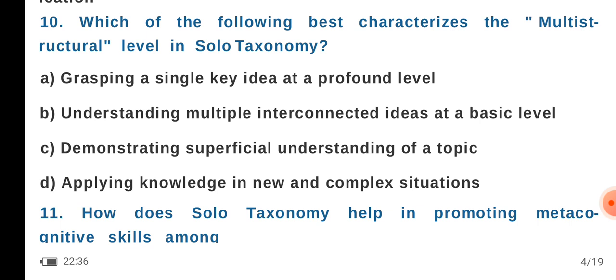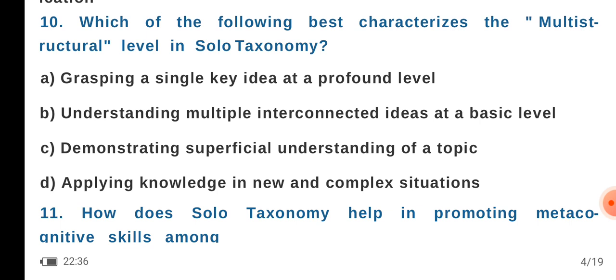Letter A, grasping a single key idea at a profound level. Letter B, understanding multiple interconnected ideas at a basic level. Letter C, demonstrating superficial understanding of a topic. Letter D, applying knowledge in new and complex situations.